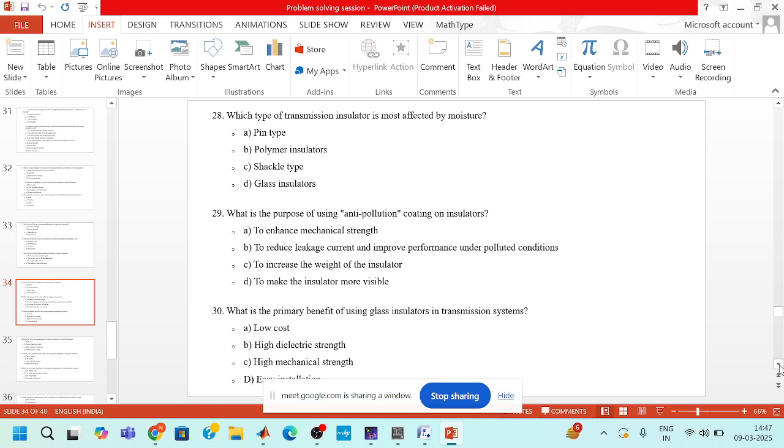Okay, next question is, what is the primary benefit of using glass insulators in transmission systems? Options are low cost, high dielectric strength, high mechanical strength, easy installation.